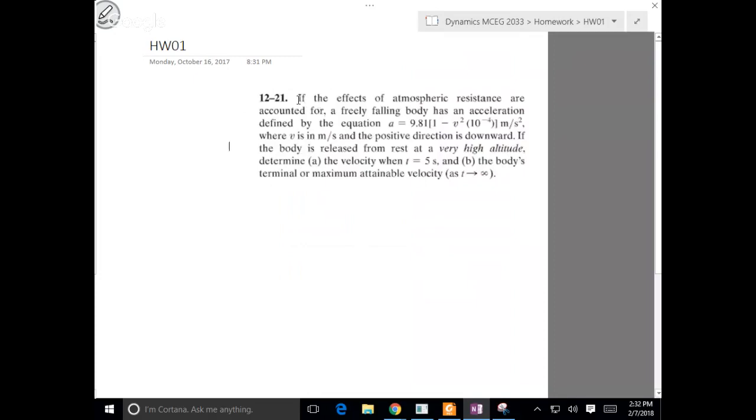If the effects of atmospheric resistance are accounted for, a free-falling body's acceleration is defined by 9.81 times 1 minus v squared. I need to rewrite this so I can look at it. If a body is released from rest at a very high altitude, determine the velocity when t is equal to 5 seconds.